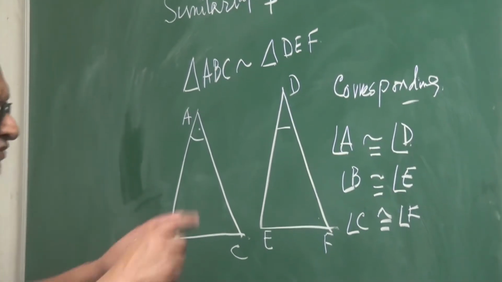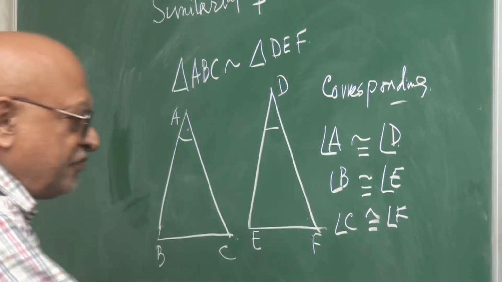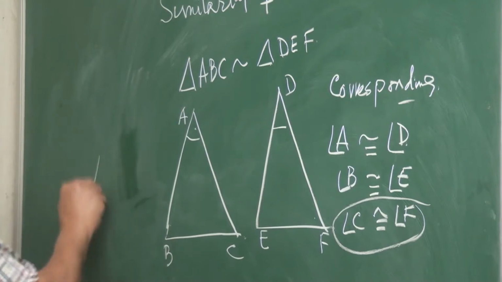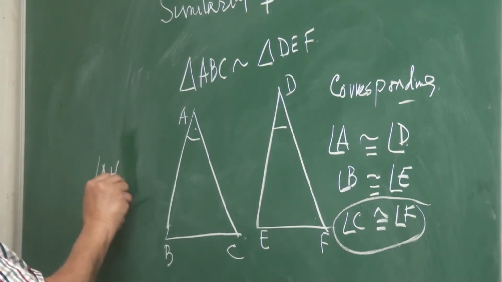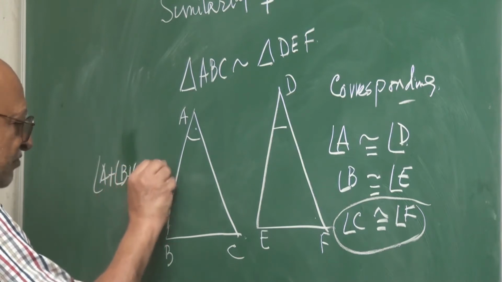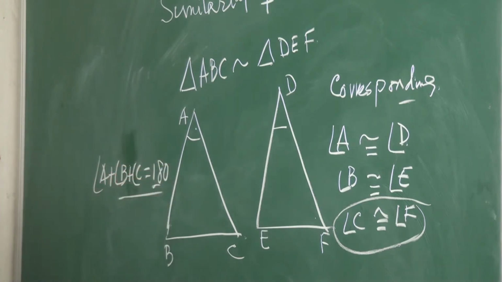You don't have to go for the third angle, because angle A plus angle B plus angle C will always remain 180 degrees, no matter whether it's a scalene, an isosceles, or an equilateral triangle.